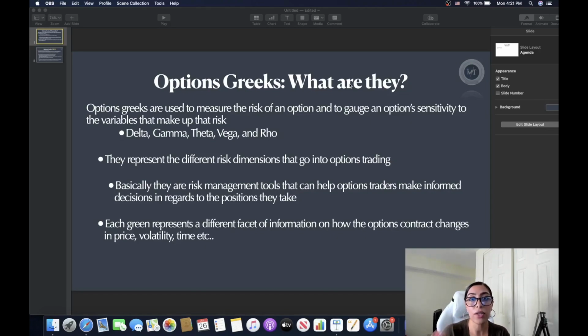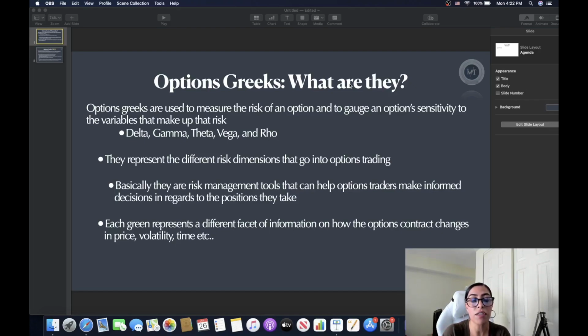The 2 Greeks that I use most frequently, or pay attention to most heavily, are my Delta and my Theta. I think those have the biggest impact on your premium price and how your contract pays out, the risk management of that contract, etc. You can use these to your advantage.